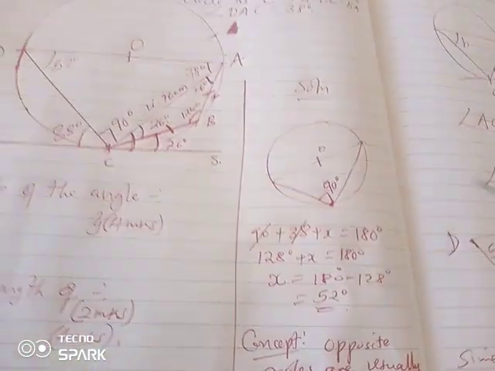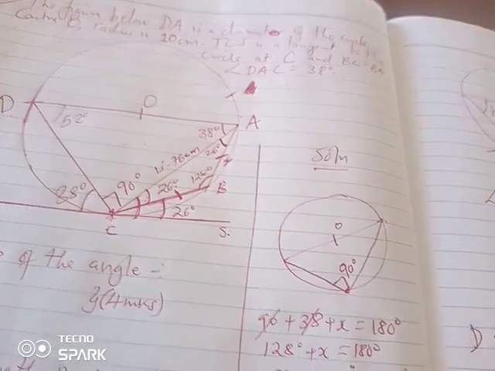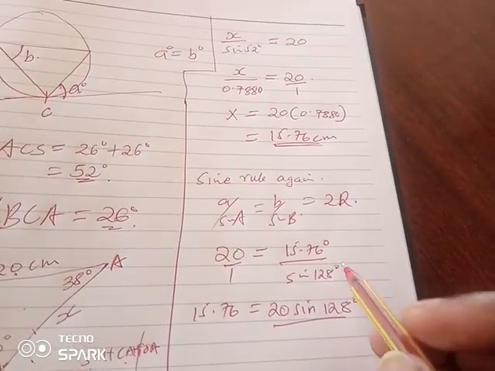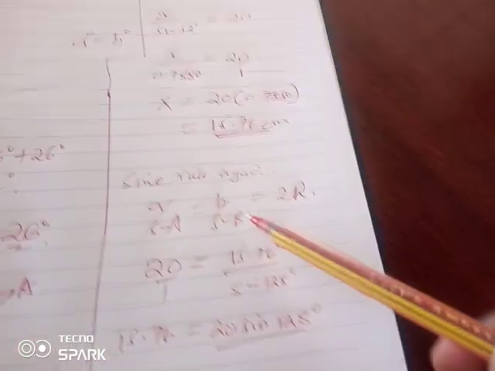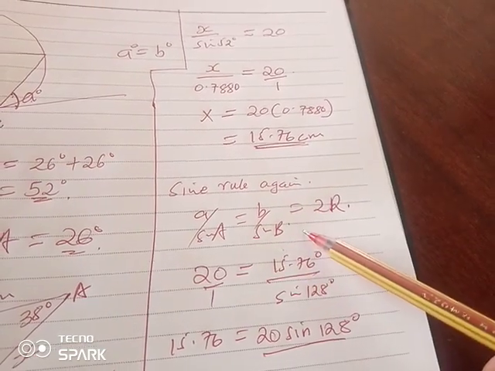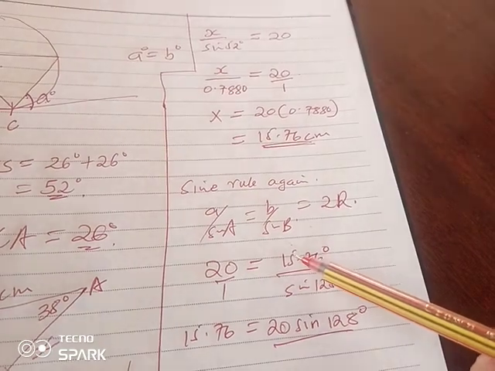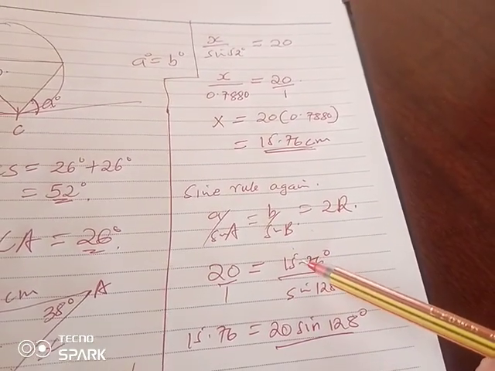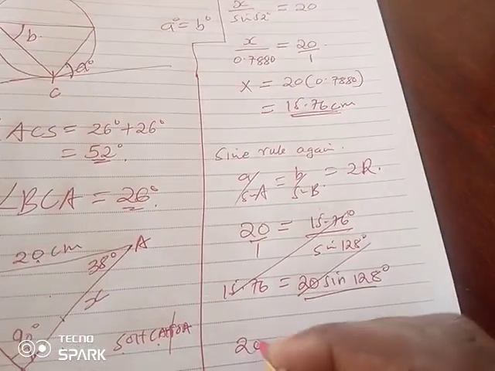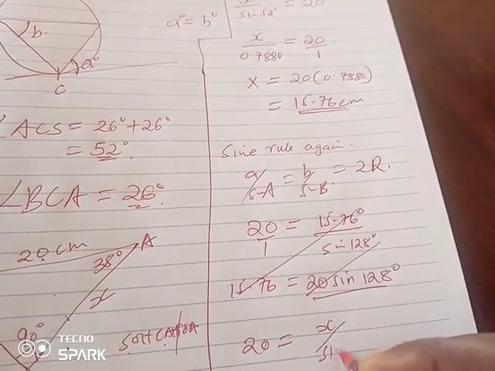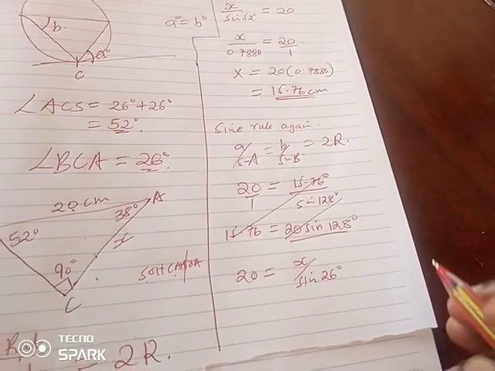What are we working? Let me confirm, sorry. We want x. There's a problem here. We are saying this is the formula. So 20 is equal to B over, and our B is equal to x. So our 20 should be equal to x over sine 26. Sorry for that, just a slight mistake.